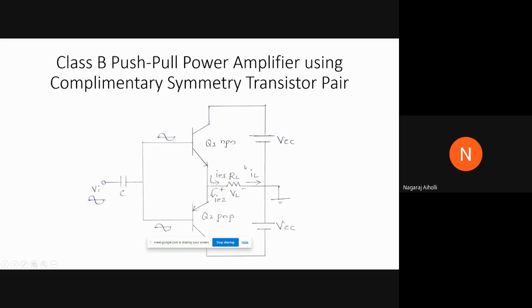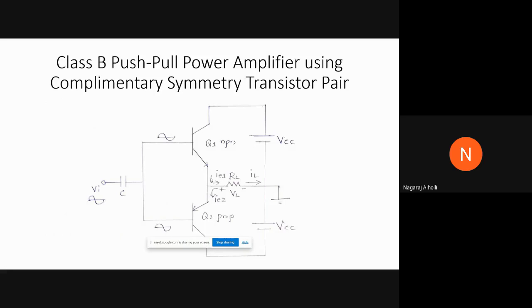Then here, when the input signal goes to zero, the emitter-base junction will be in cutoff condition, because the emitter-base junction will have zero voltage when the input signal is at zero level. That is, both transistors will be at cutoff. Hence there will be a distortion whenever the output signal is crossing the zero level or the reference level, and that distortion is called crossover distortion.